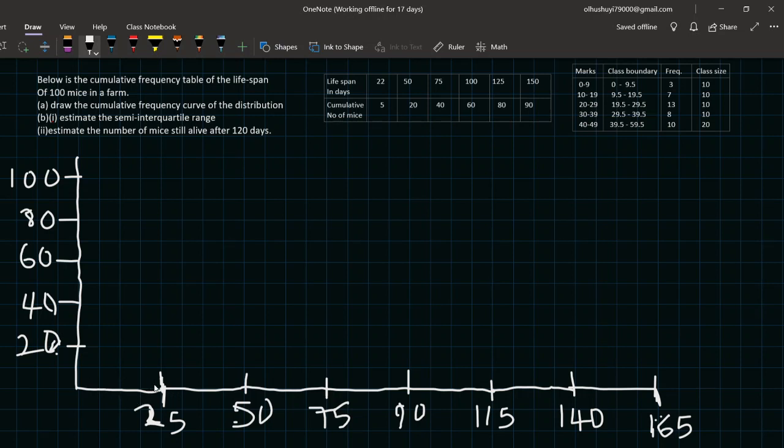Let me say my 20 is around this region. 22 to 5. Then the next one, 50 to 20. 50 as a lifespan, this is 50, then to 20.